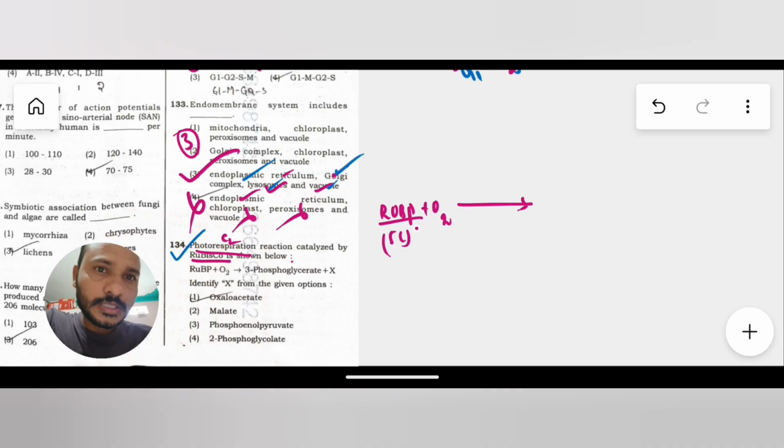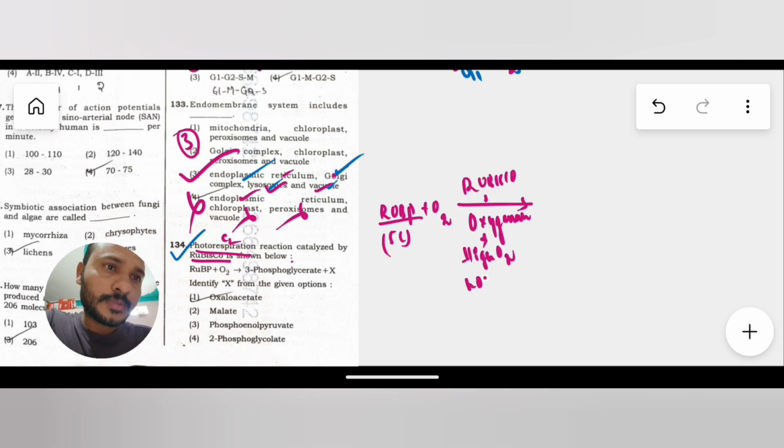If RuBP binds with oxygen, the Rubisco enzyme acts with oxygenase activity. We discussed that Rubisco acts as oxygenase when there is high oxygen and low carbon dioxide. In that condition the oxygen binds to the RuBP 5 carbon compound, resulting in the formation of two important components.